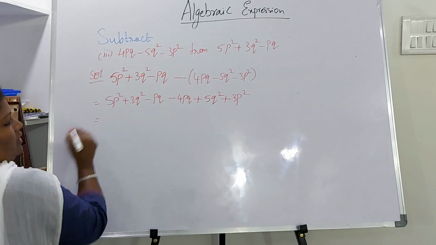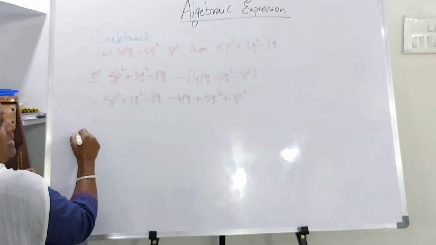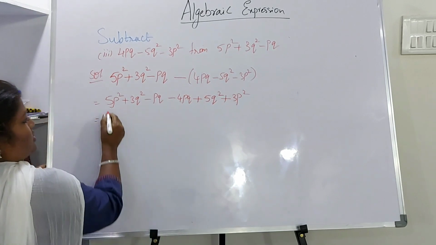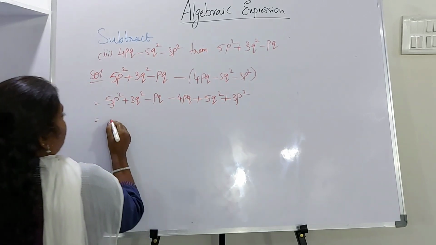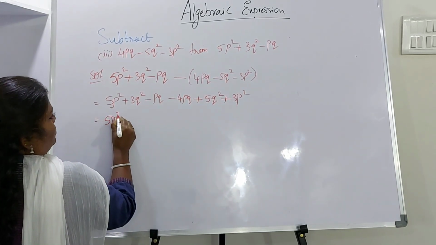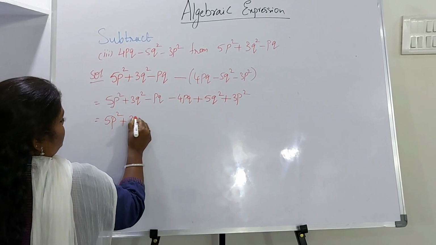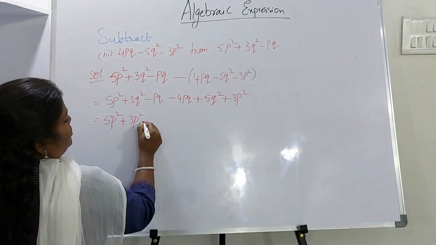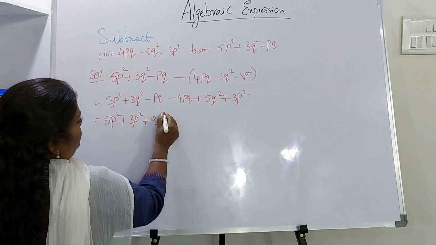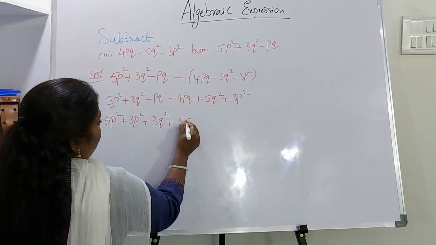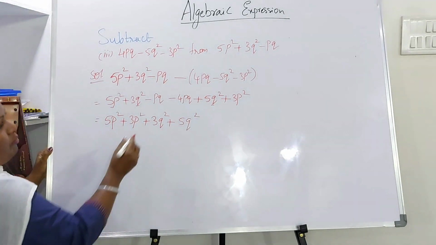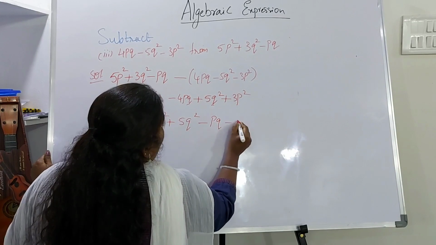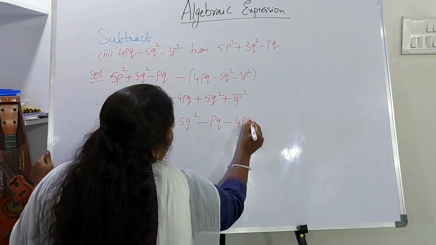Next, you have to see the like terms and write them in one place. So p square, p square: 5p square plus 3p square. Now q square, q square: plus 3q square plus 5q square. Next the pq terms: minus pq minus 4pq.